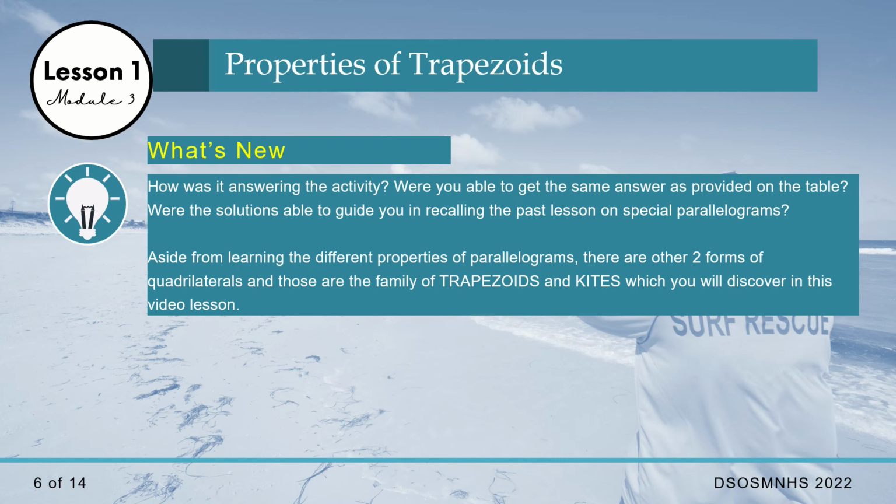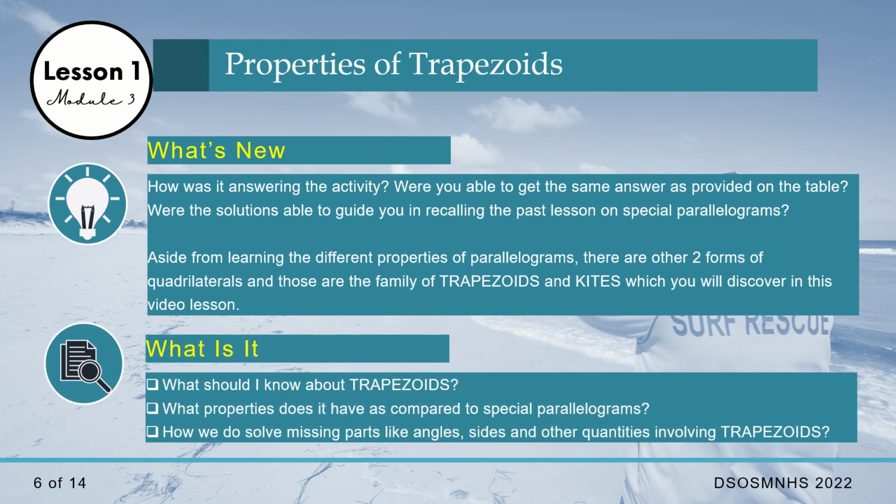Nakainundong tanan? Okay. Aside from learning the different properties of parallelograms, there are other 2 forms of quadrilaterals, and those are the family of trapezoids and kites, which you will discover in this video lesson or lesson video. So what is it? What should I know about trapezoids?